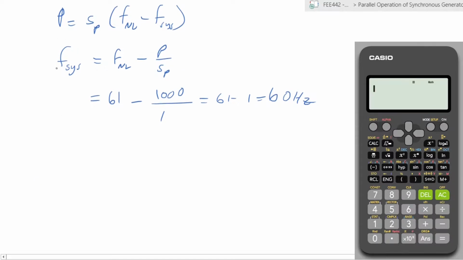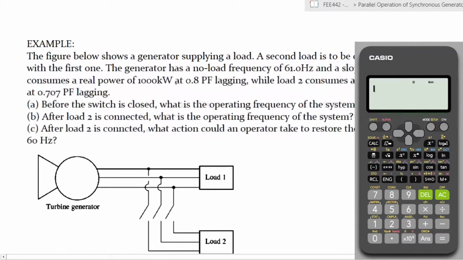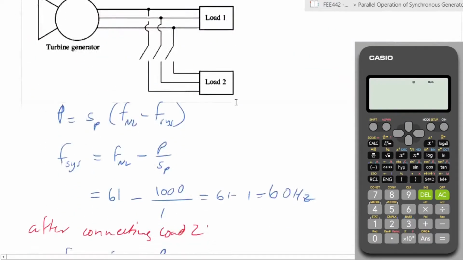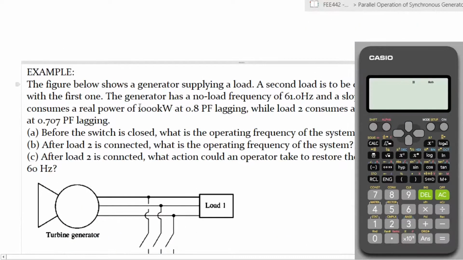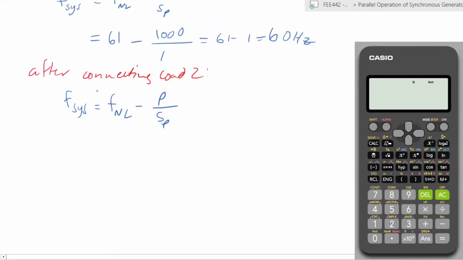After load 2 is connected, you then have the system frequency is equal to the same thing. We've not changed the set points, but the power has changed. Instead of 1000, we have 1000 plus 800. Okay, so it is this 1000, and then you have the real power of 800. So the two of them would be 61 minus 1800, so 1000 plus 800, over 1 megawatt.